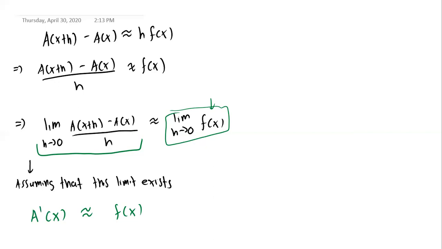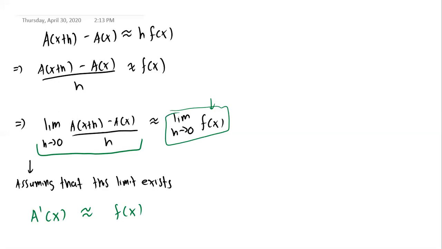So what is this saying? Let me say it like this: the derivative of the area function is approximated by the function f. Now, it'd be nice if this were an equality, right? Why?